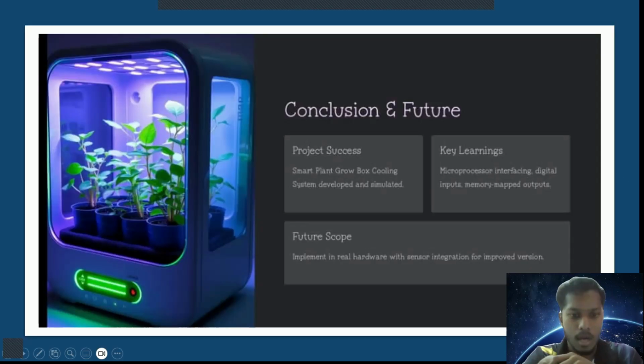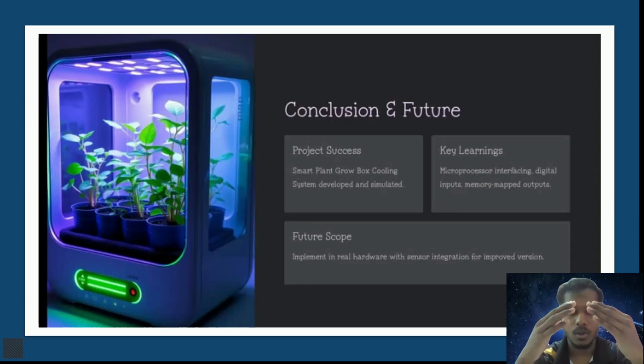Now, at the end, I want to conclude the whole project. To conclude, we successfully developed and simulated this smart cooling system using the MC68000 microprocessor. Through this project, we learned about digital interfacing, memory mapped outputs, and embedded control logic.